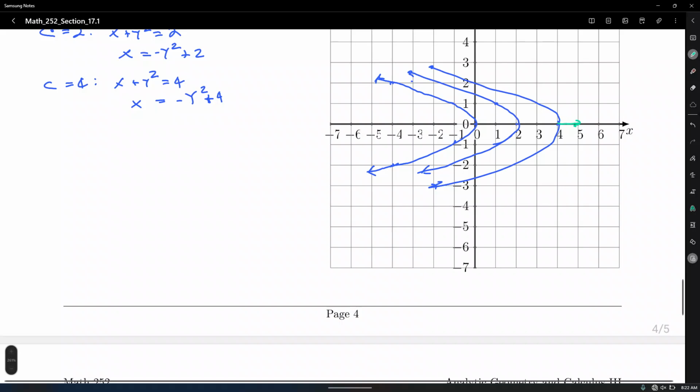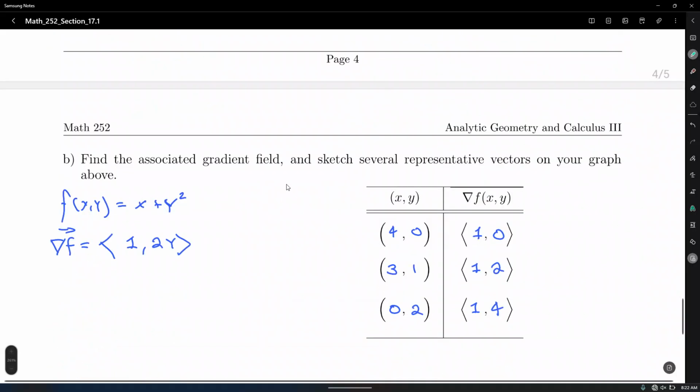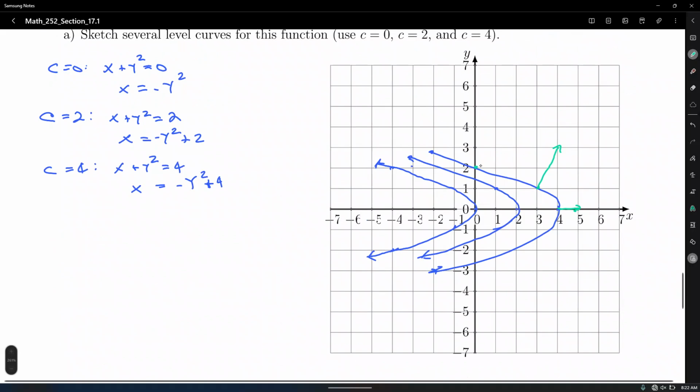At the point 3, 1, the vector is 1 unit to the right, 2 units up. And lastly, at the point 0, 2, the vector is 1, 4, that is 1 and then 1, 2, 3, 4. There you go. Look at this picture.